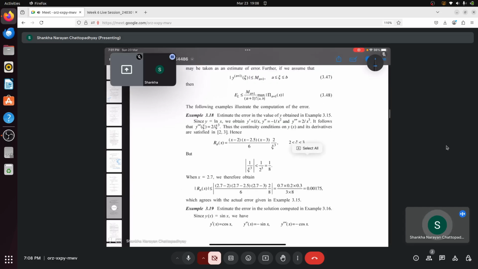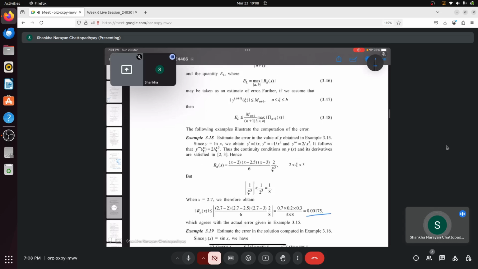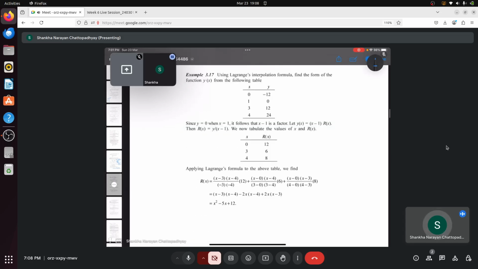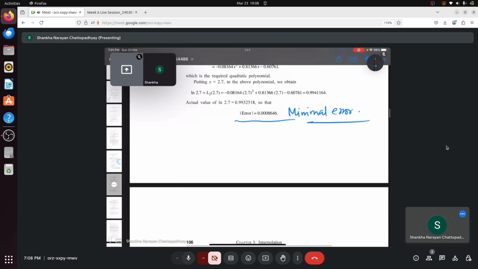So the error will be less than 0.000175, and you can observe that this error is actually less than that theoretically computed one. It is a very nice problem.